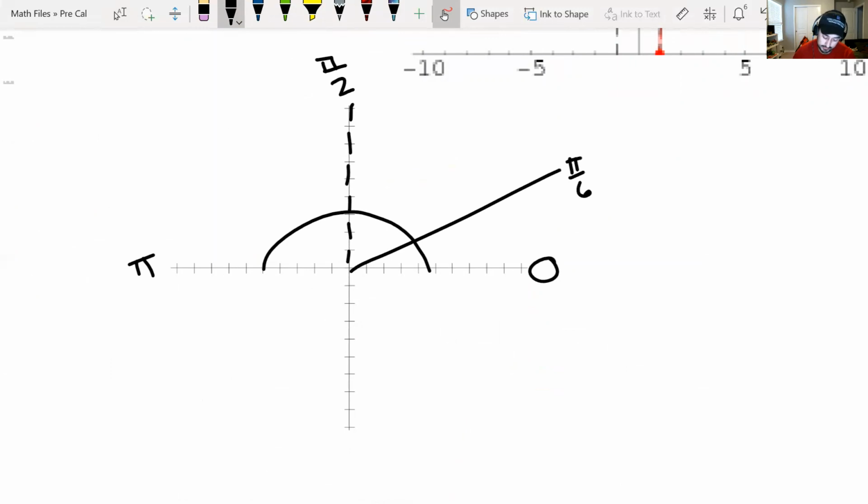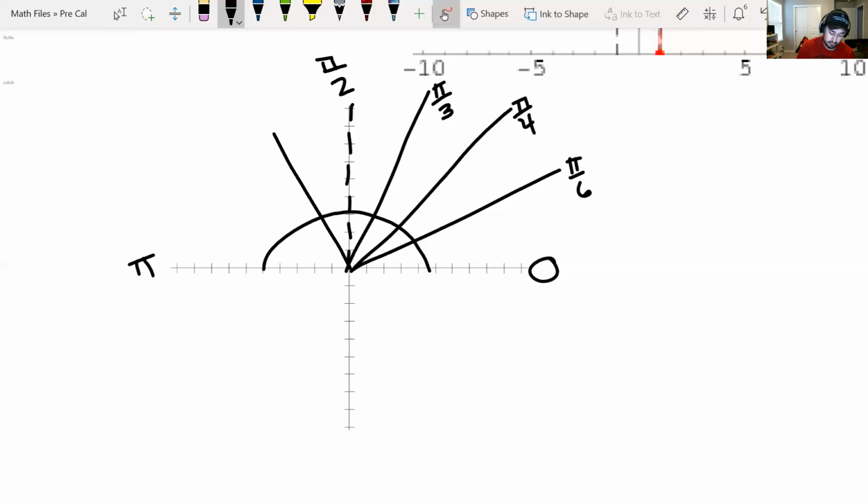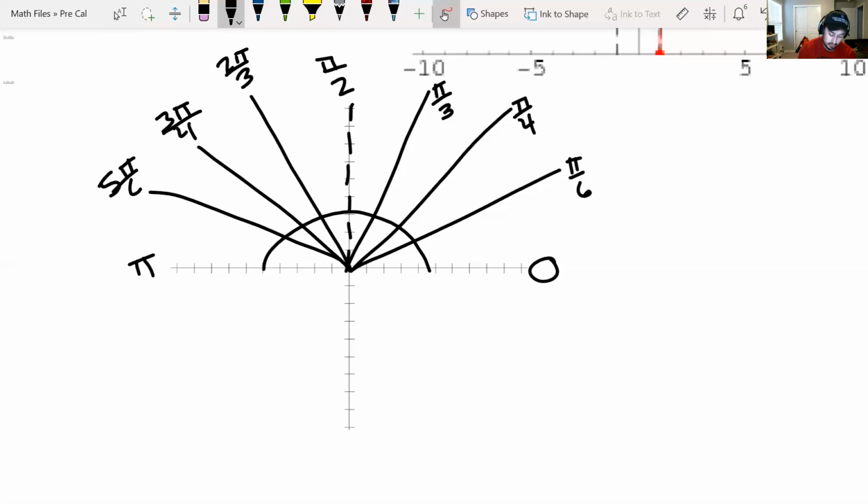Pi over 6, pi over 4, pi over 3, two pi over 3, 3 pi over 4, 5 pi over 6, including 0, including pi.